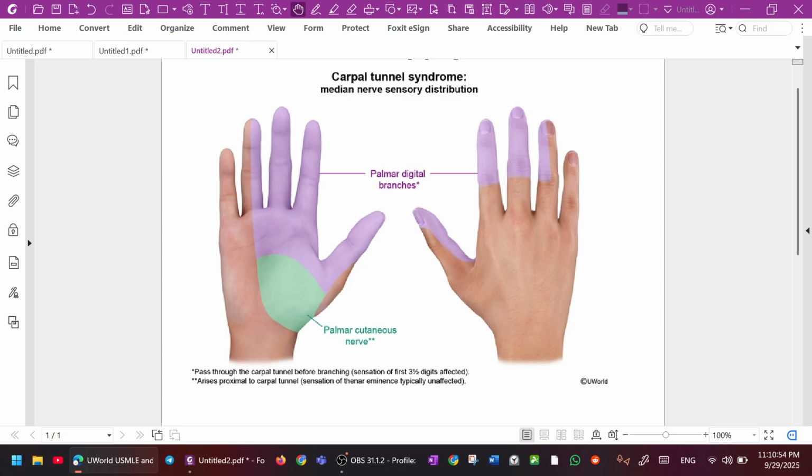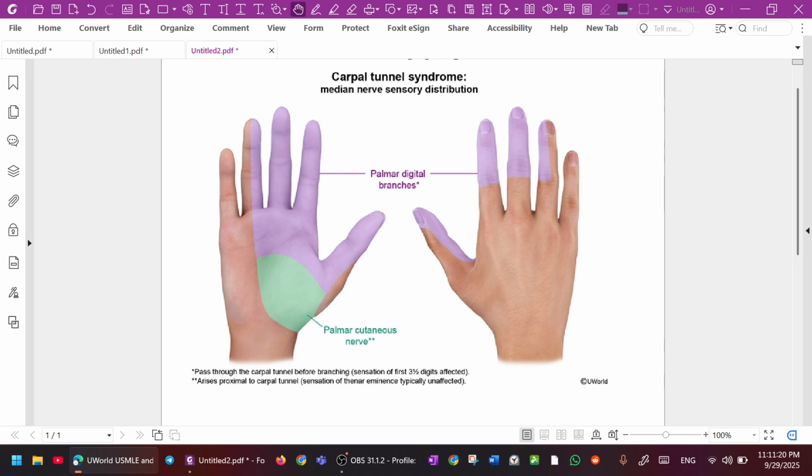Transient relief is reported by shaking the affected hand or holding it under warm water. So the pain improves by shaking the affected hand or holding it under warm water because motor fibers are less sensitive to compression than the sensory fibers.